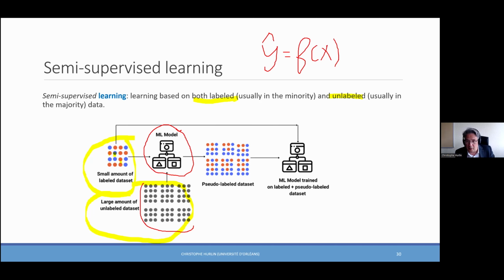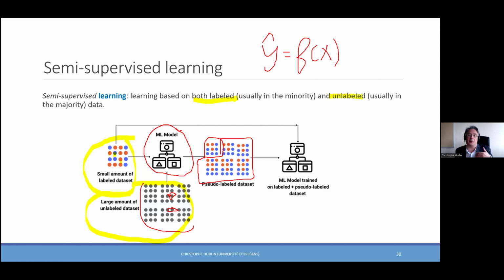Here you have your labeled data, and the label does not change. But for the unlabeled data, the algorithm will produce what we call a pseudo label. What is a pseudo label? It is simply a forecast of the value of Y. The model will forecast whether this firm has committed fraud or not, so if Y is equal to 1 or Y is equal to 0. It is the same for this firm, etc.